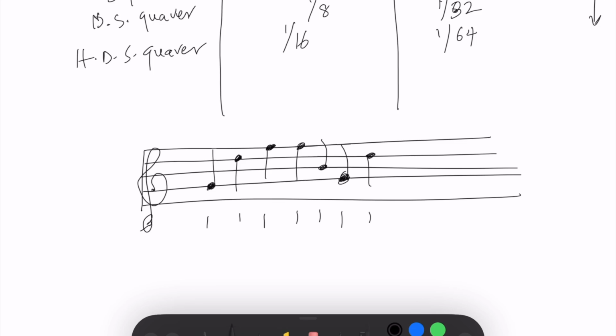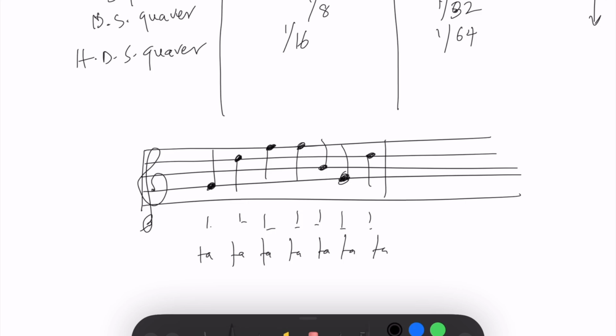So you have 1, 2, 3, 4, 5, 6, 7. So 7 beats here. So you count 1, 1, 1, 1, 1, 1, 1, like that. Ta, ta, ta, ta, ta, ta, ta. One beat each.